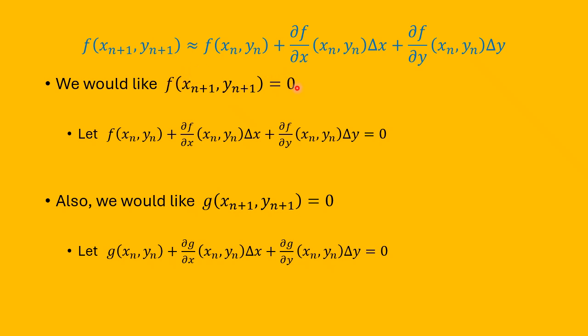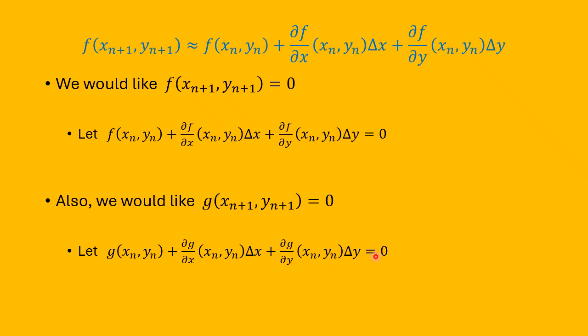If we look at this equation up here, we could say, let's replace this with that linear approximation, which is this stuff, and we'll set that equal to 0. Similarly, for g, if we want g of this point, the same one as we have up here, equal to 0, we could let the linear approximation of this thing, which is all of this stuff, equal 0.